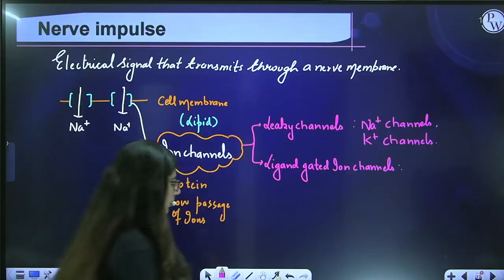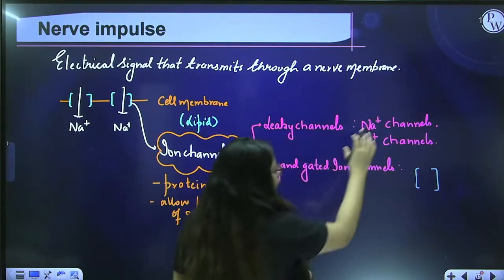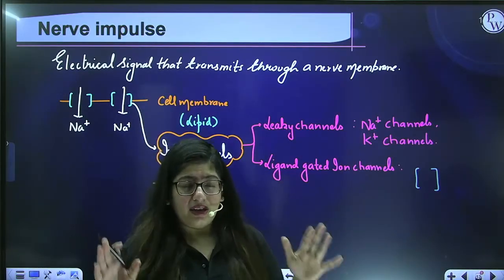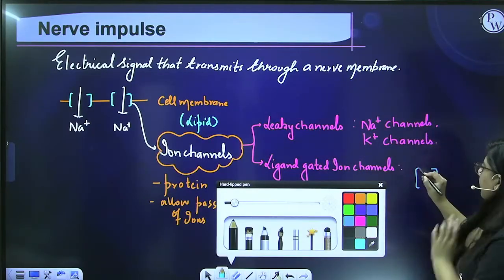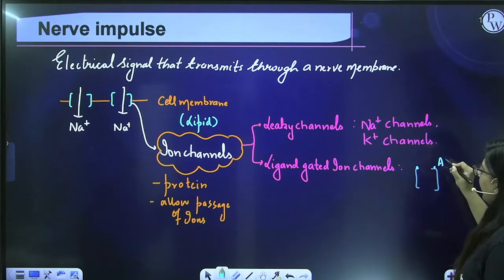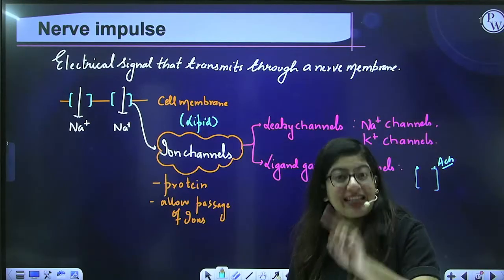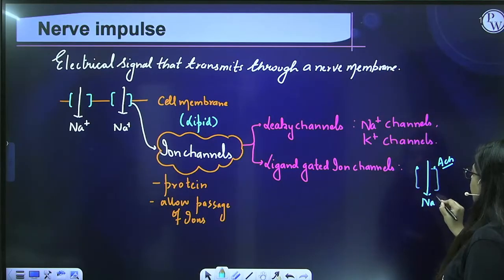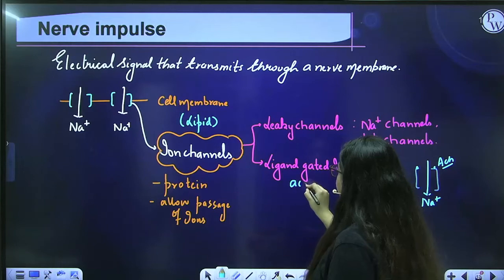For example, this is a sodium ion channel, but it is not the leaky one, not a normal sodium ion channel; it is a ligand gated one. For example, ACH, what is ACH? A neurotransmitter. If ACH binds to this channel, only then it will open and lead to the transport of sodium ions. So they open and close according to the chemical that binds.